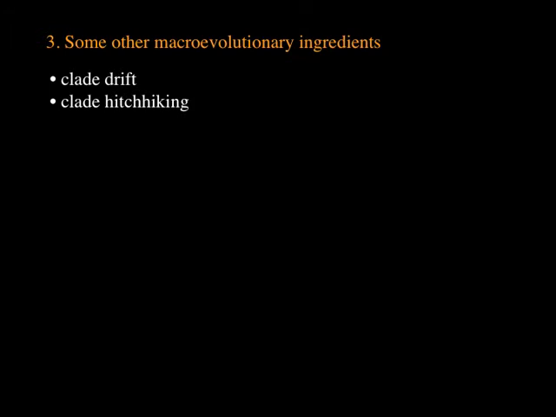Okay, then along with drift, we could also have hitchhiking. Hitchhiking would be where you do have some character that's responsible for a clade being diverse, but it's not the character you're thinking about. So for instance, orchids, huge diverse group, right?